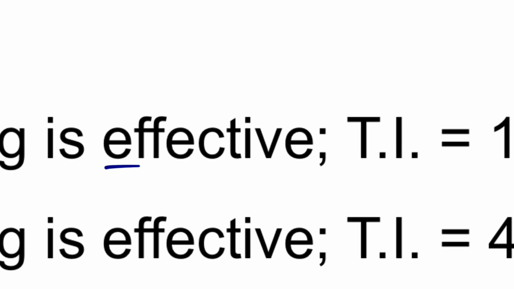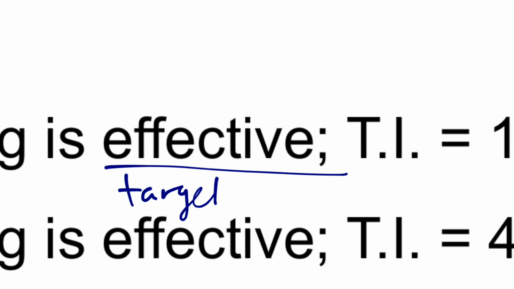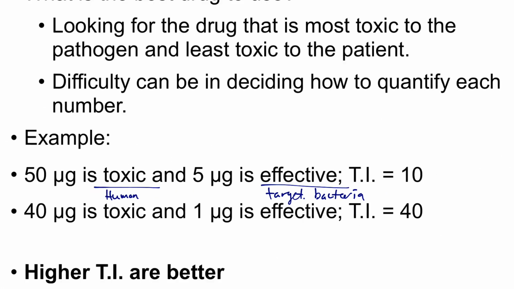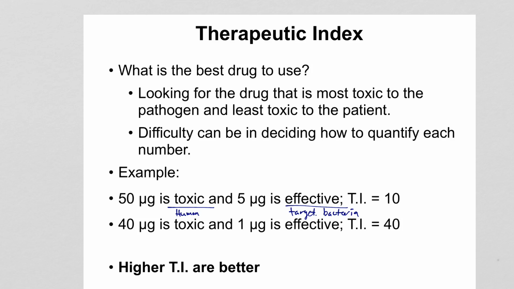And effectiveness, we mean at targeting the pathogen, bacteria in our case. All this means is, and it seems like common sense, you want a drug that has the highest toxic threshold to humans, meaning you need a really, really large dose to be toxic, and you want a drug that has the smallest effective dose for killing bacteria.